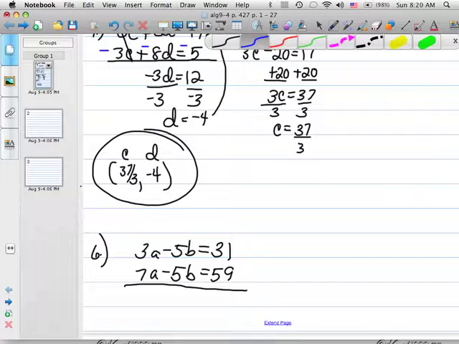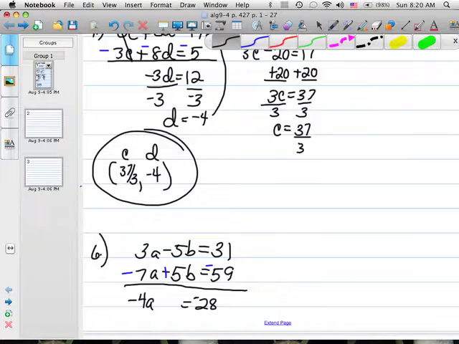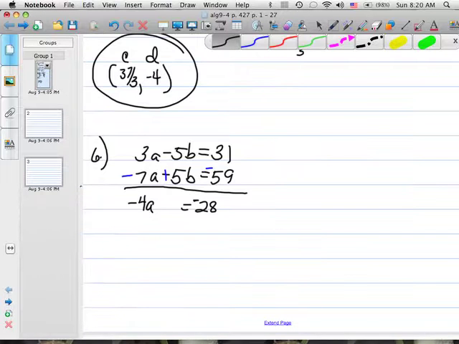Since they're the same sign, we're going to subtract, change the signs. So we get negative 4a equals negative 28. Divide by negative 4, and we get a equals 7.